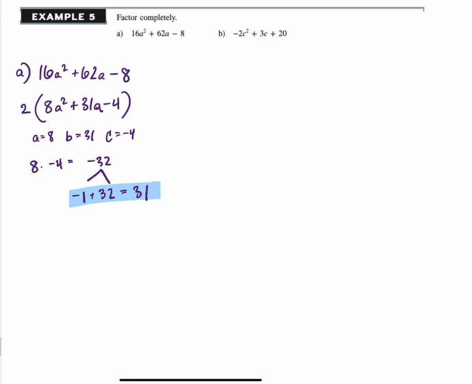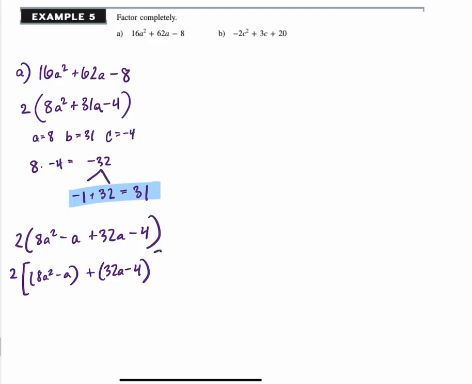So let's rewrite the middle term. Don't forget about the 2 in front. So we'll have 8a squared minus 1a plus 32a minus 4. Put those into two groups. So 8a squared minus a plus 32a minus 4. In that first set, we can factor an a out.